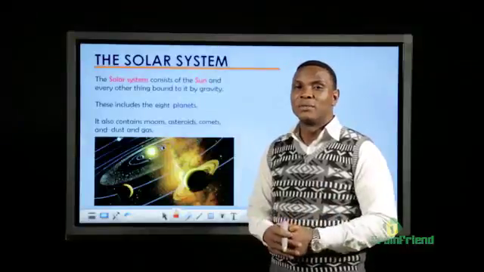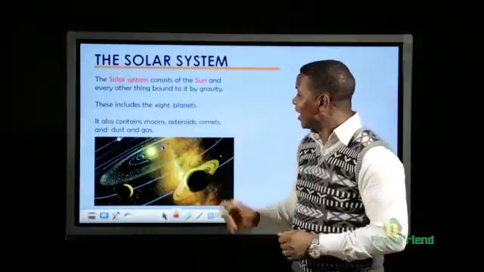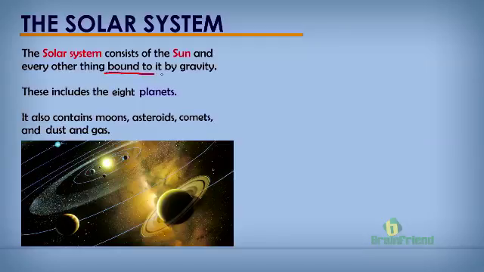The solar system consists of the sun and every other thing that is bound to it by gravity. One of the things bound to it by gravity are the 8 planets. It also contains moons. For example, the Earth has just 1 moon, whereas Jupiter has close to 70 moons. It also consists of asteroids.